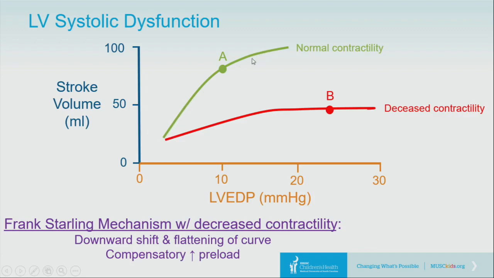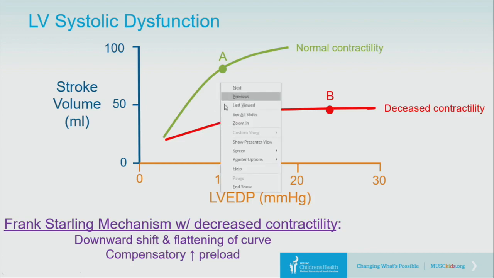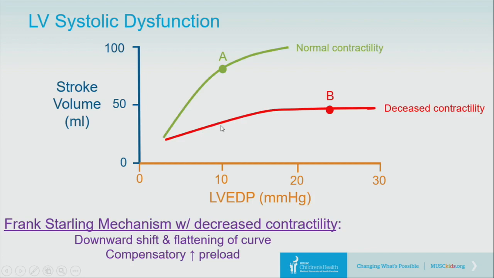The Frank-Starling mechanism implies that by increasing your end diastolic pressure, or increasing preload, you can recruit additional stroke volume. But in patients who have underlying myocardial dysfunction, the Frank-Starling curve is downward shifted and flattened, such that for a given end diastolic pressure, your stroke volume is going to be substantially reduced.